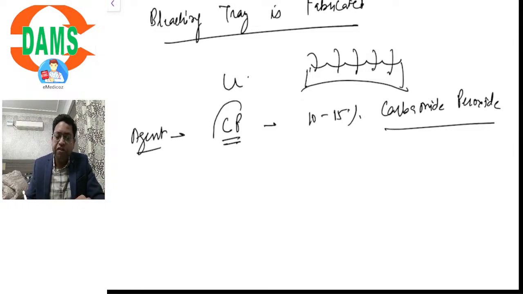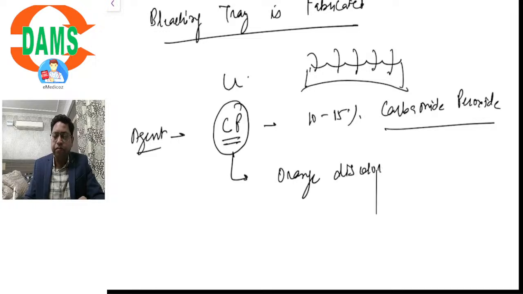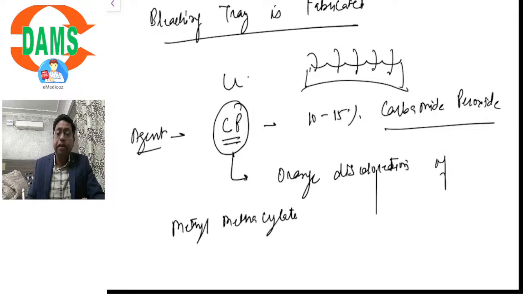One added disadvantage of this carbamide peroxide is that it causes orange discoloration of methyl methacrylate temporary crowns.